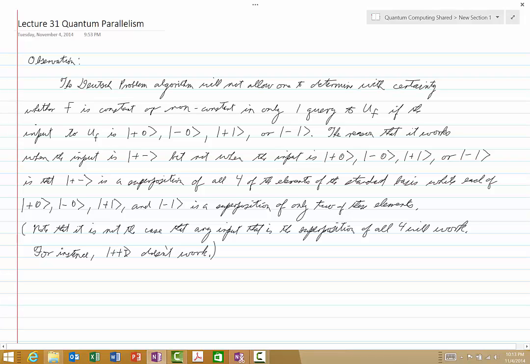However, if this was the input to u sub f, you still, using the Deutsch problem algorithm, would not be able to determine in just one query whether f was constant or non-constant.